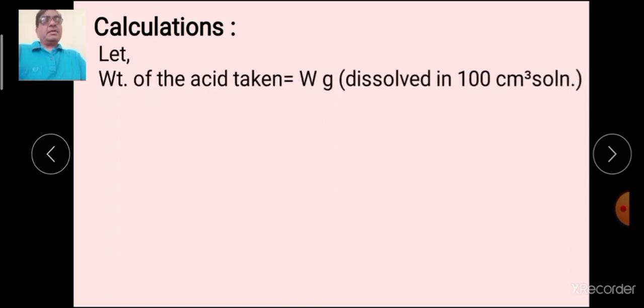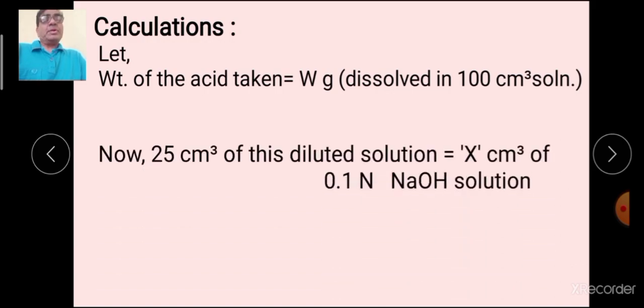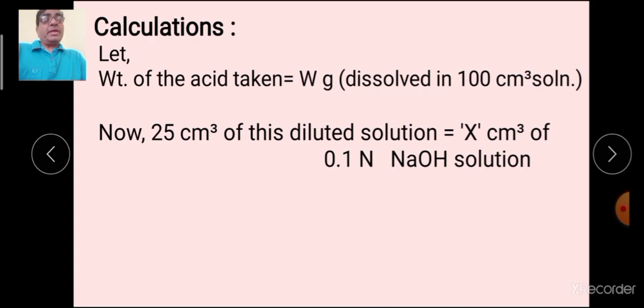Let W be the weight of the acid taken, which is W gram, and it is dissolved in 100 cm cube solution. Yes, we have dissolved the complete weight to 100 cm cube. Now we have taken 25 cm cube of this diluted solution, which is equal to x cm cube of the 0.1 normal NaOH solution.